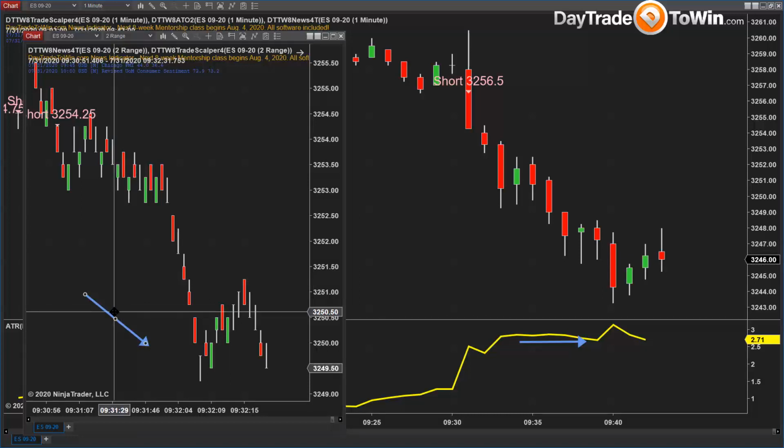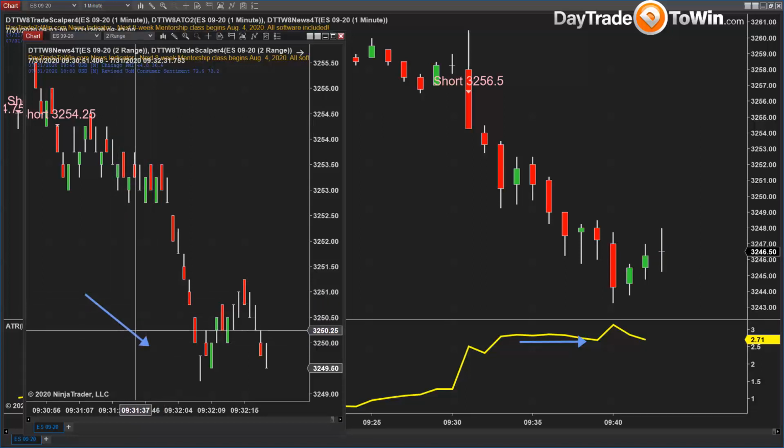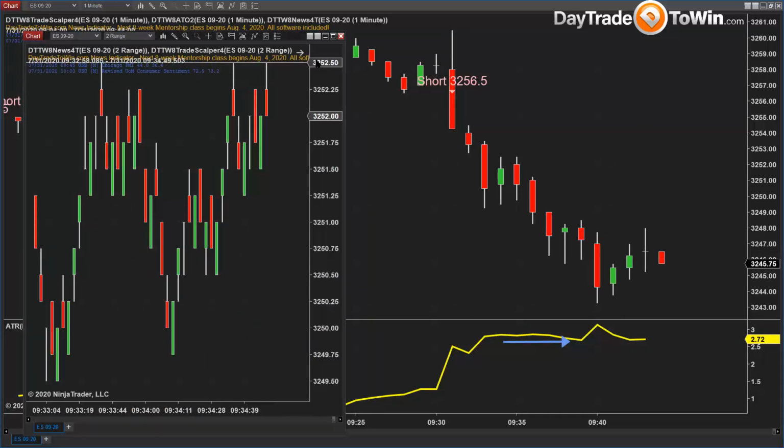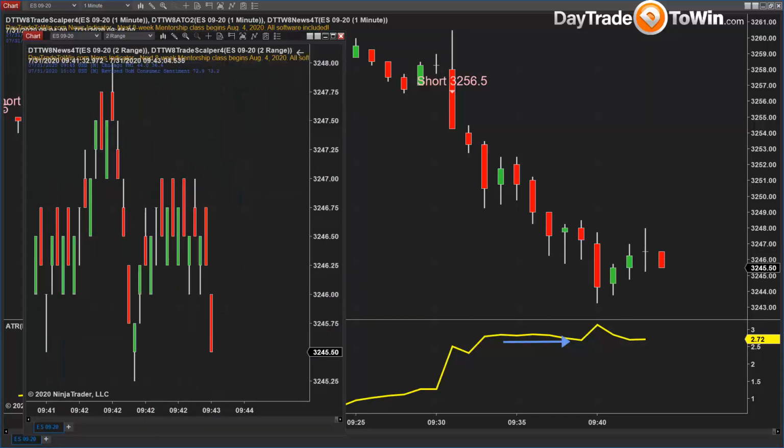So I have both the 1-minute chart and the range chart with the TradeScalper software, and we can see whatever signal occurs first, or whatever signal occurs on either chart. So you can apply it to both. So to answer your question, Liz, you can apply the software to any type of chart, and that's why I have both charts up here.